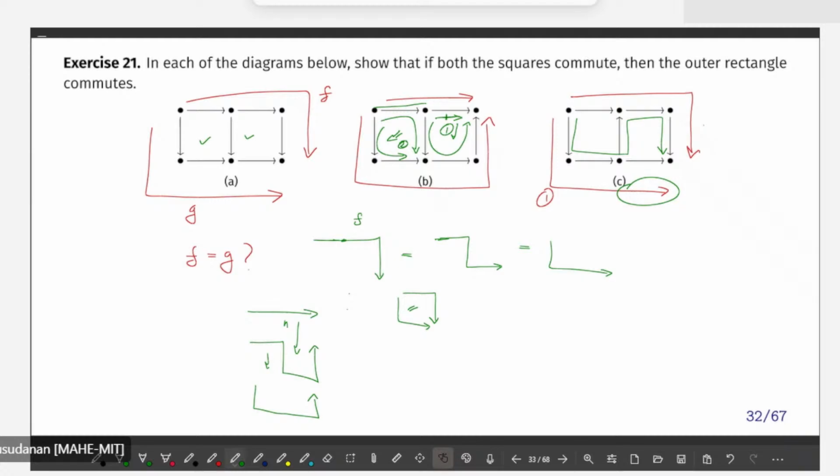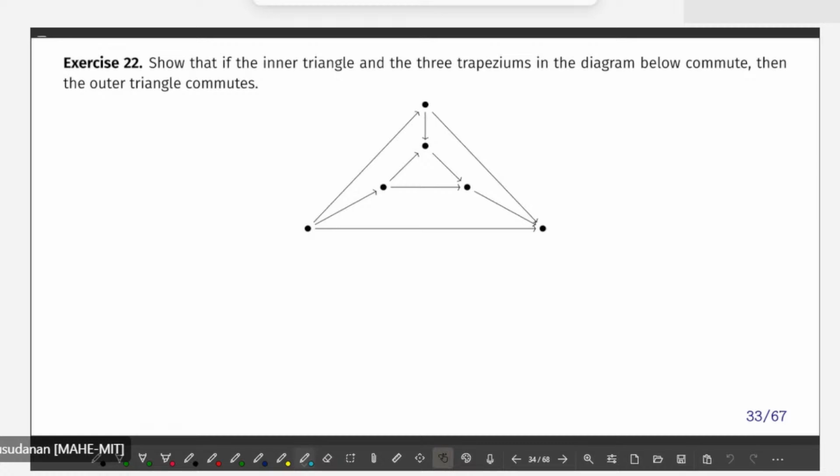And then of course you have this left square commutes, so that becomes this. These three become that single arrow. So therefore I have this. Every case is similar. That's just two.